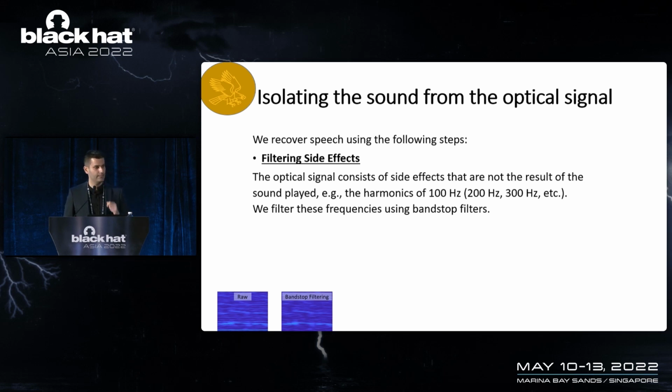For example, you can see how harmonics of 100 Hz appear in the spectrum of the optical signal, which is, by the way, the result of the way that the bulb works. So we filter these undesired frequencies, or undesired side effects, using bandstop filters.